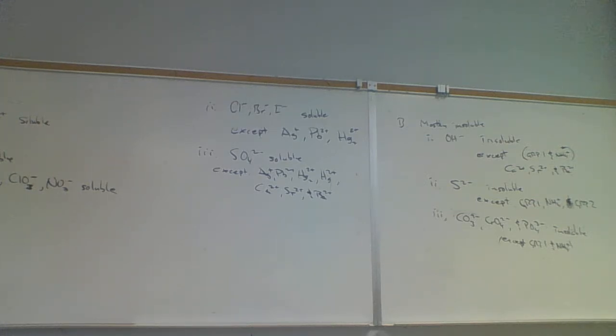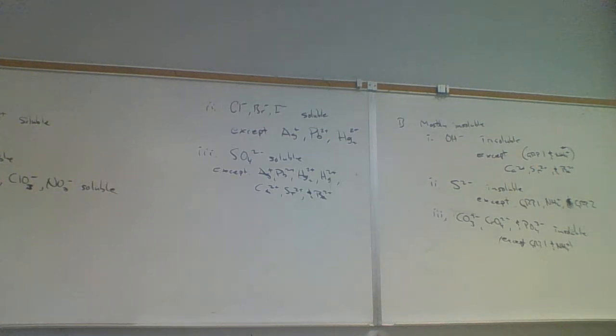Well, group 1 and ammonium, what do they all have in common? They're all +1. But what about calcium? What about aluminum? They have a higher positive charge. So it looks like the lower the charge, the more soluble. The higher the charge, the less. Okay, now what about phosphate?